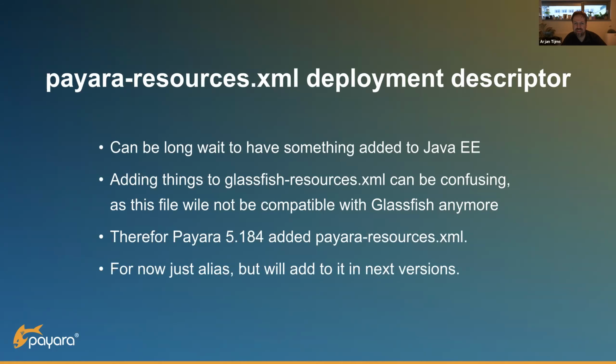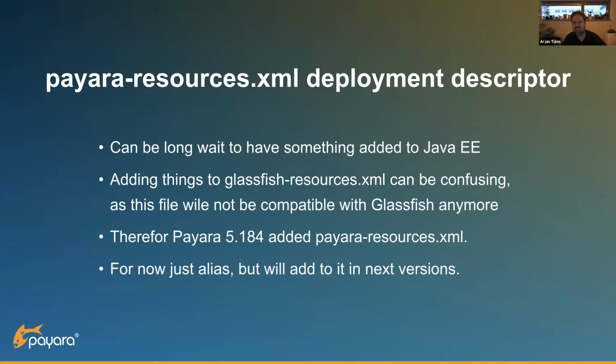So it doesn't have new things in it yet, but we will add them, mostly for the Java EE concurrency utilities. They have not been added to glassfish-resources.xml in the past, so you can't quite add them via a WAR file, and that can be a problem. So in some circumstances, you don't want a WAR file to mess with the server resources.